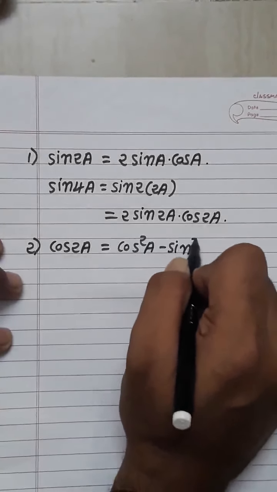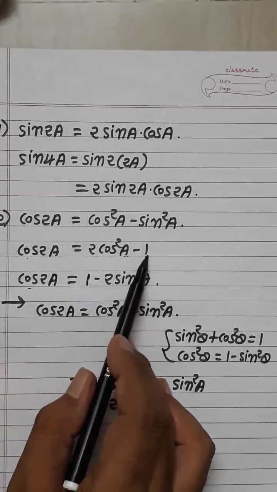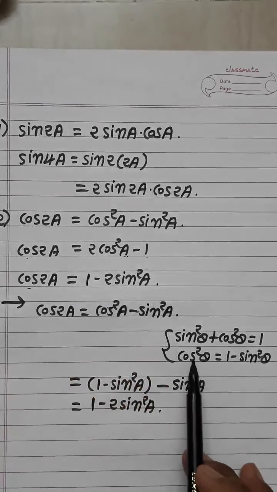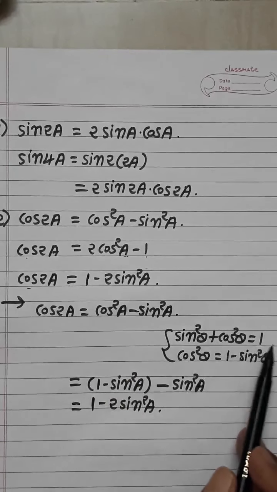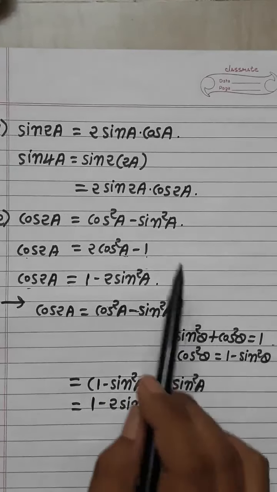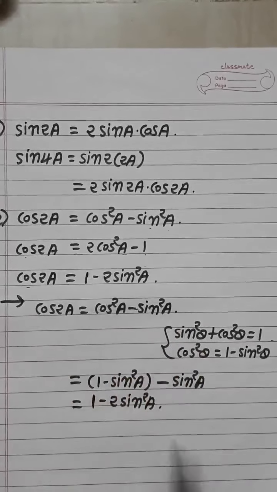Now second result, cos 2a is equal to 2 cos square a minus 1. So the same concept applies here. Sin square theta we can write as 1 minus cos square theta, and here in place of sin square a write 1 minus cos square a. Now simplify this term, so we get the second result. Okay.